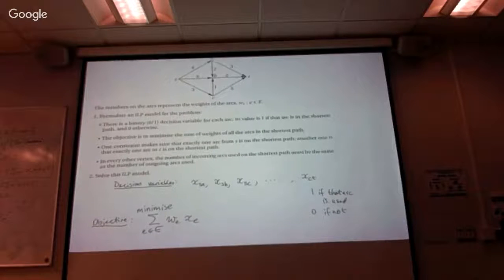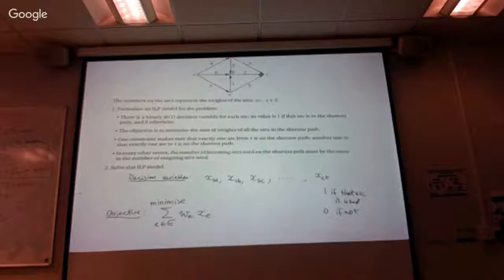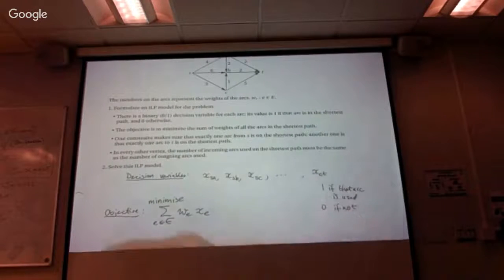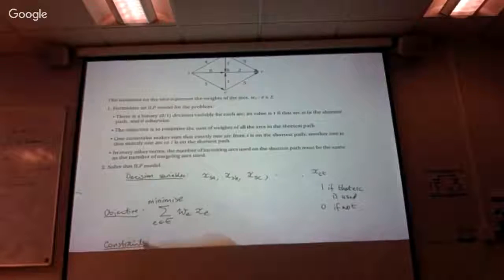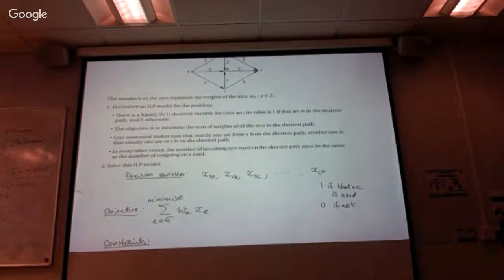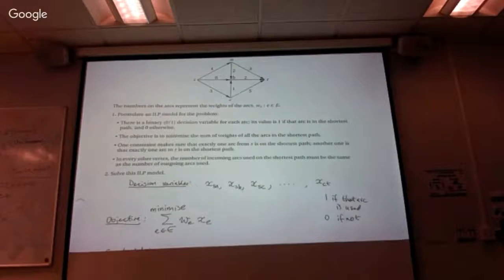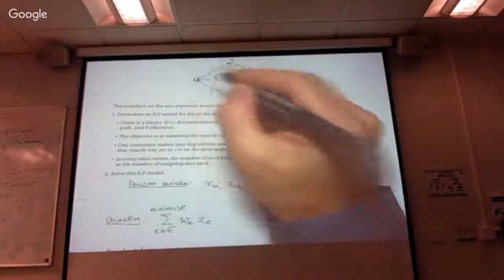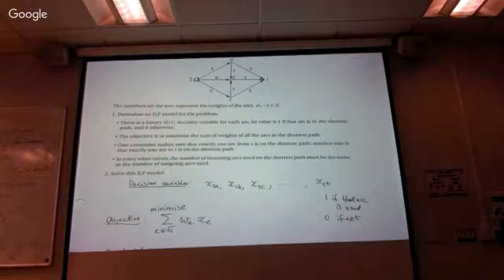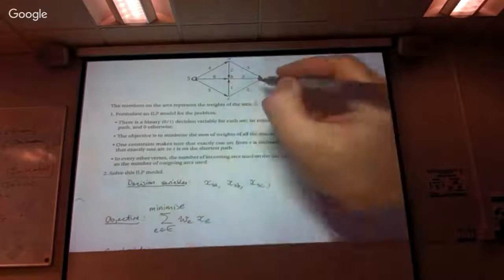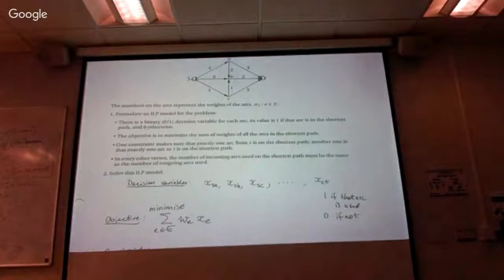So the constraints are perhaps a bit trickier than before. But what you want is to leave the start, this S here, on exactly 1 arc. That's one constraint. Another one is that you want to arrive in T on exactly 1 arc.